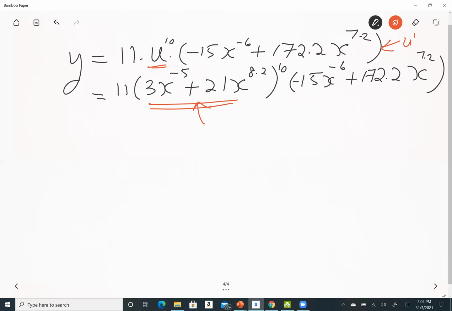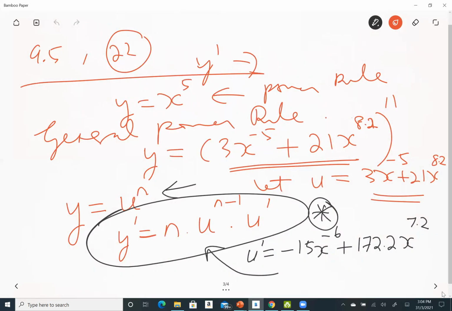I give you another example. Did I give you a question on 9.6? Okay, 9.6. I would like you to do some of these questions, which are on the quotient rule, the general power rule and the chain rule.